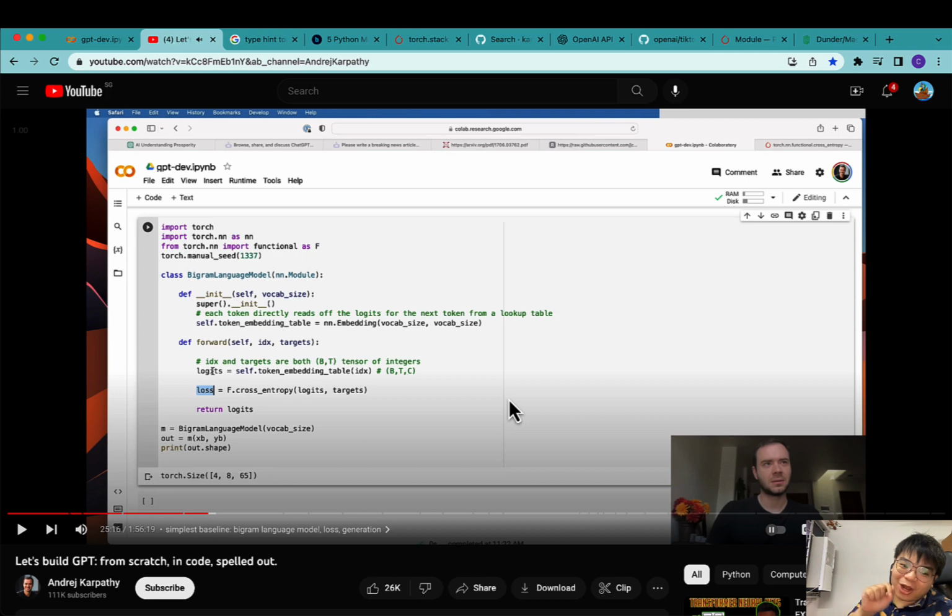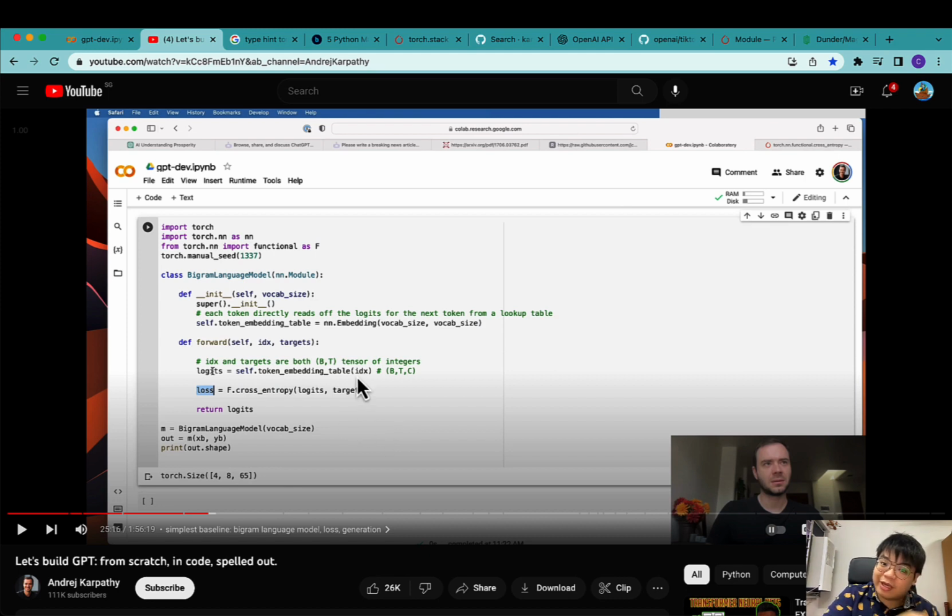Okay, so the logits are the current predictions from the bigram model, and the targets are the actual probabilities that we expect in our training example. So the cross entropy is a loss function that gives a very high number if, let's say, the probability in the logit is 0 and the target is 1.